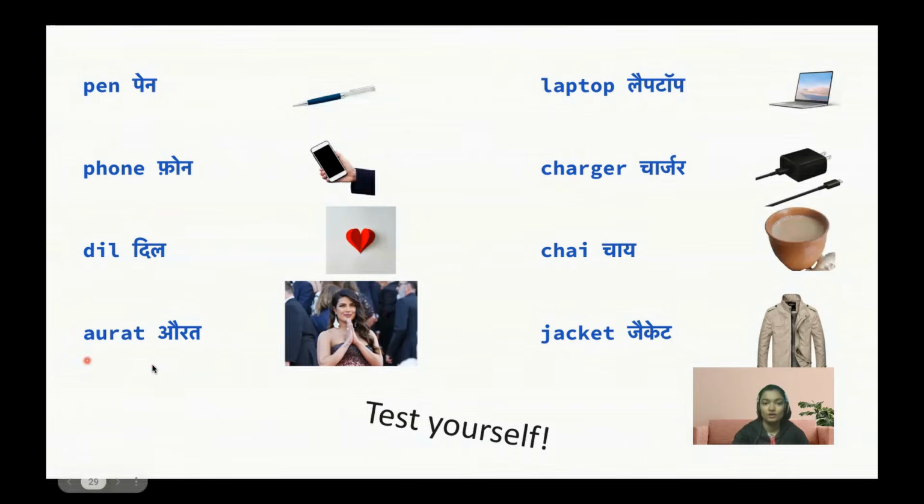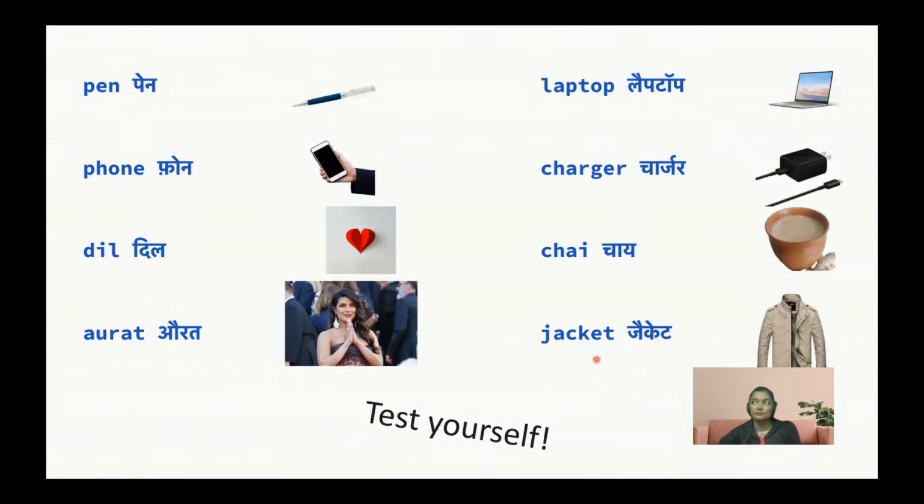Then we have aurat. The word for woman or lady is aurat. It's a synonym of mahila. And you can very clearly tell from the picture that the word is feminine. And finally, we have jacket. What's jacket? This is also feminine. Meri jacket.